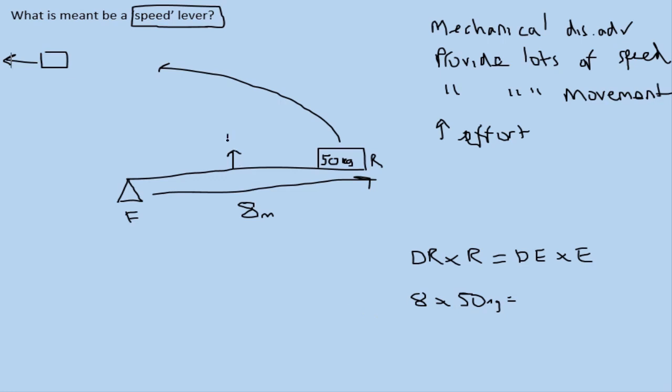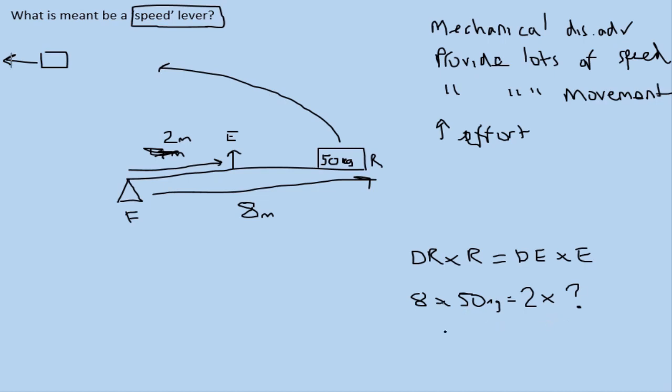Now, the effort is going to be halfway. We're going to say that the distance from this fulcrum to the effort applied is going to be 4 meters. No, let's change it. Let's go 2 meters. So the distance from the fulcrum to the effort is 2 meters. What we don't know is how much effort is needed to provide that force.